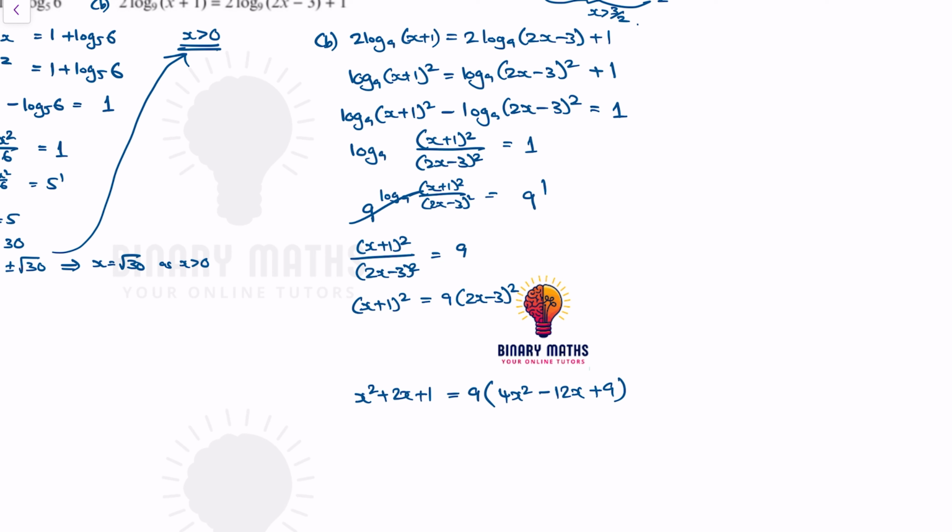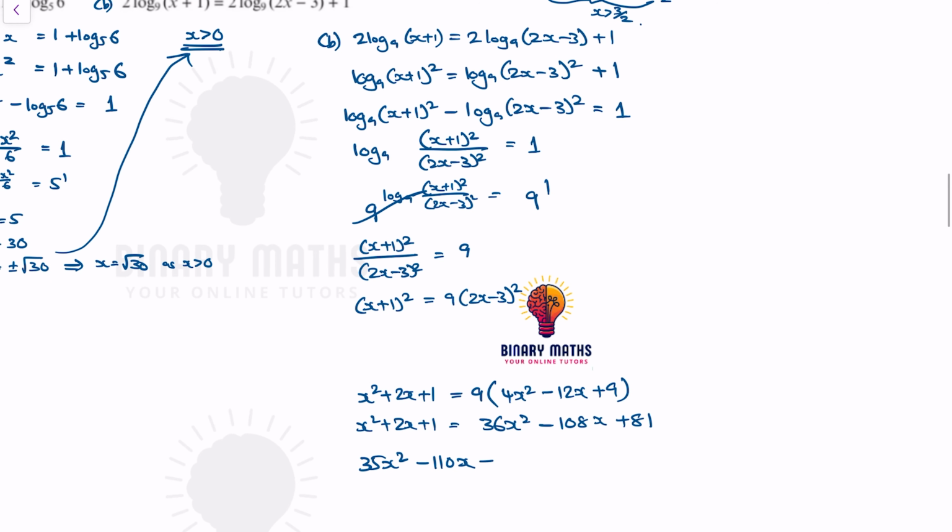Which means when I simplify a bit further, I get x squared plus 2x plus 1 is equal to 36x squared minus 108x plus 81. If I take everything on the left-hand side to the right-hand side, I get 36x squared take away x squared, which is 35x squared, minus 108x minus 2x is minus 110x, 81 take away 1 is positive 80, which is equal to 0.